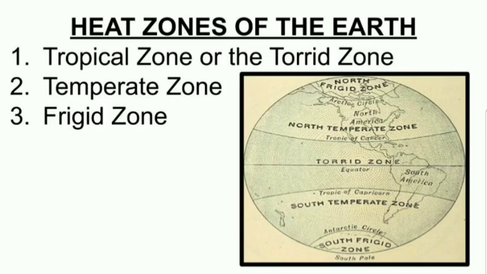So which is the torrid zone? From 23.5 degrees north, Tropic of Cancer, up to 23.5 degrees south, Tropic of Capricorn. This is called the torrid zone.